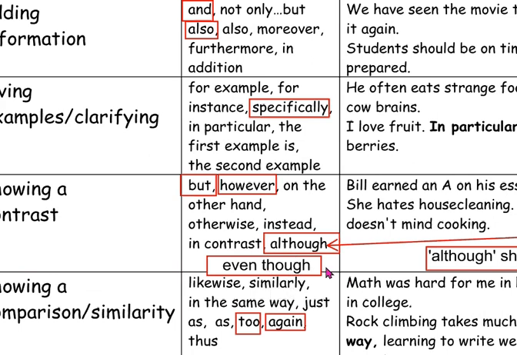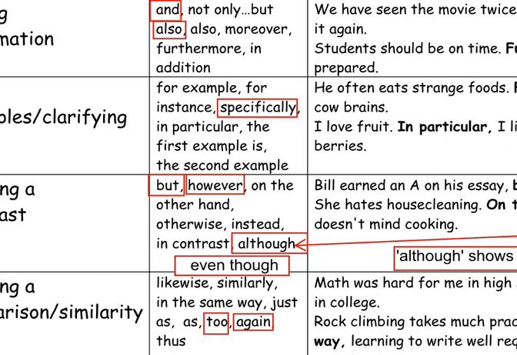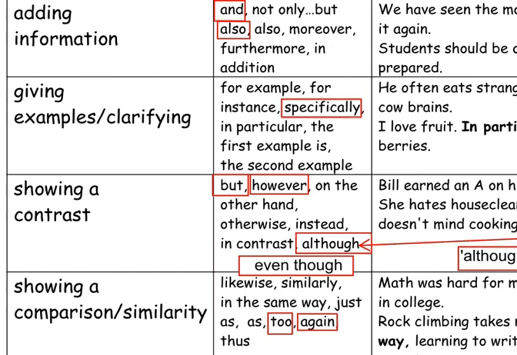Although and even though have a meaning of difference or contrast, but not a direct contrast. I call it here on the paper a partial contrast. In other words, two things don't go together well, but they're not directly opposite.